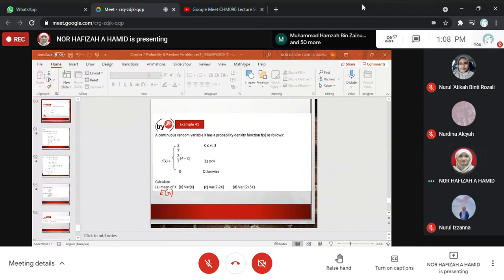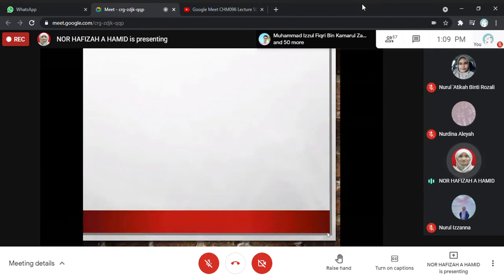The formula for EX for a probability density function, or for continuous random variables, is the integration of x times with the fx dx.